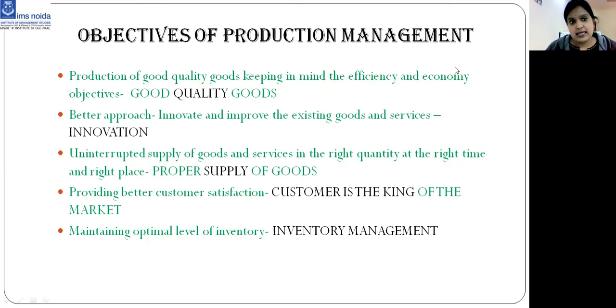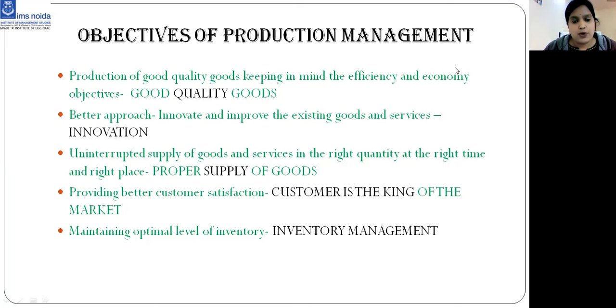Efficiency and economy here means that the goods have to be produced at the best of the quality without wasting the resources in minimum possible cost.